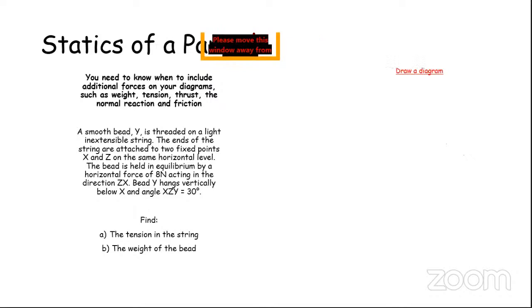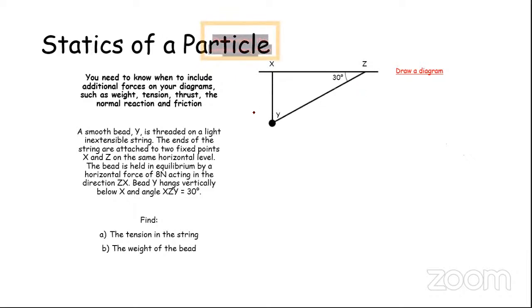So what we do, we begin by drawing a diagram. So that is XZ, which we say is the same horizontal level, and this is the bead here, and we call it Y. We said it was below X. The bead is held in equilibrium.